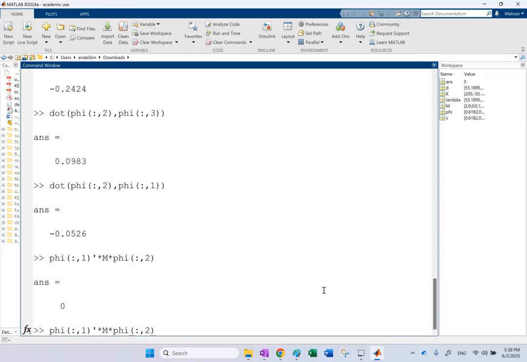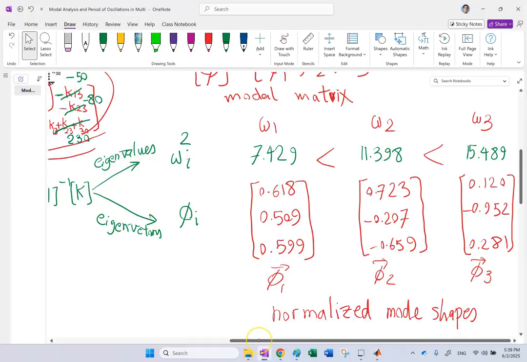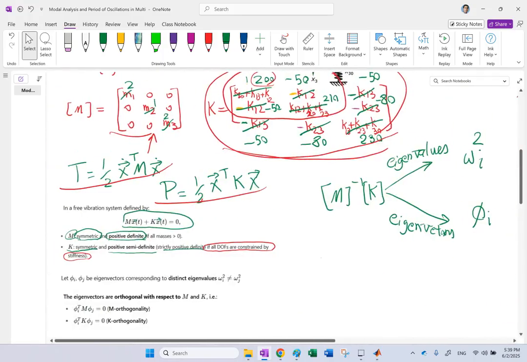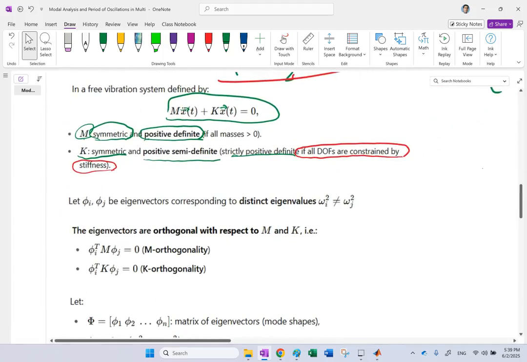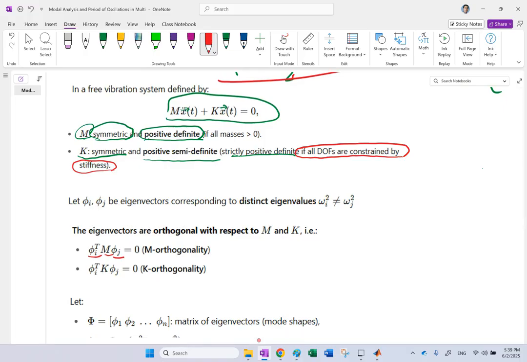What if I do it with mode shape 3? 0. What if I do it with mode shape 2 and 3 instead of 1 and 3? 0. So you see, although each mode shape is not perpendicular to the other one, if I put M in between and then do the dot product, so basically form these guys, phi I transpose M phi J, where I and J are two separate mode shapes, the answer is always 0.